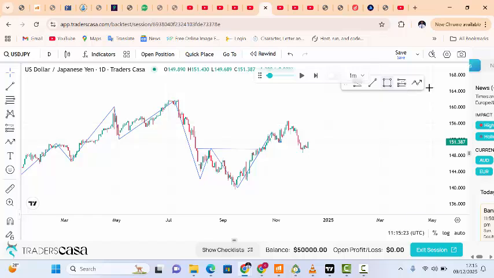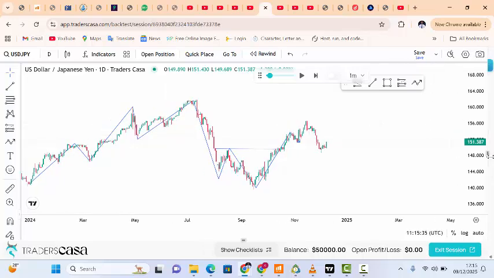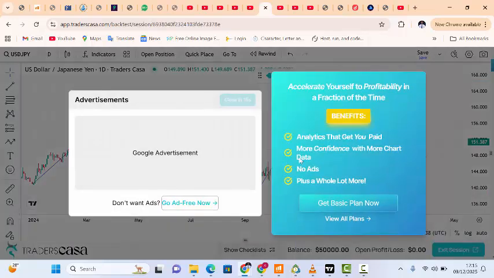So now we have established what the market is doing. Hold on, let the advert complete play. Now we have established what the market is doing.